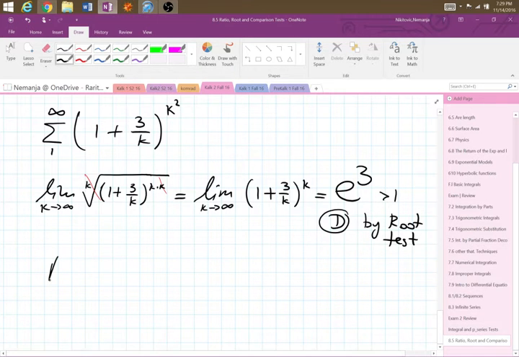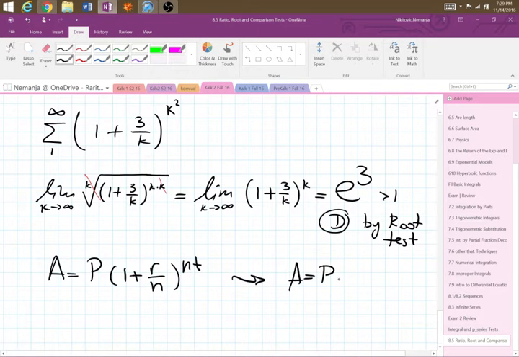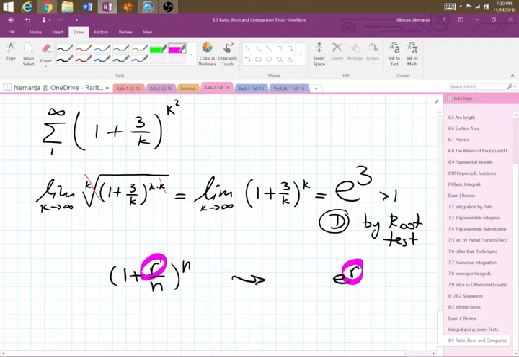So your formula for compounding was 1 plus r over n to the nt. The continuous compounding was A equals Pe^(rt). So now, what am I going to do? Kill the P part, and then kill the t part, and you see how this r is this?